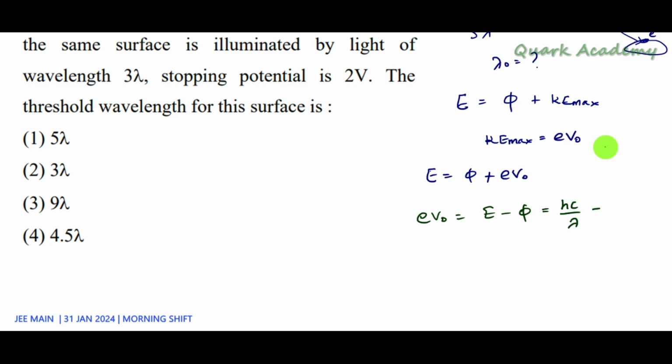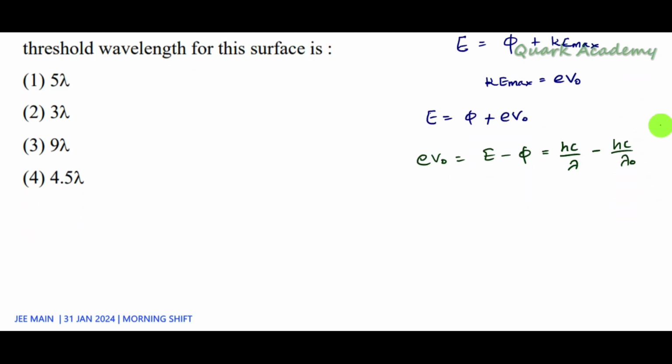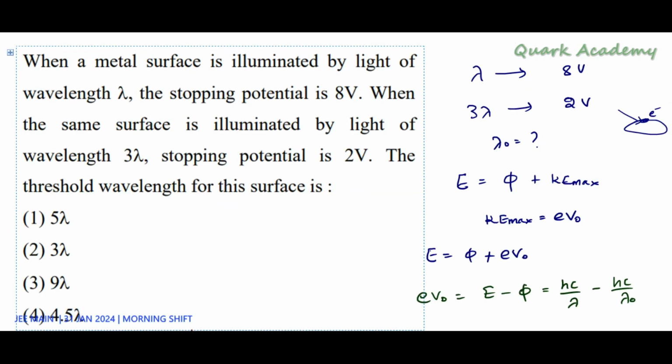Similarly, the work function, we can write as hc by lambda 0. Lambda 0 is the cutoff wavelength. So let's write this equation for each case. For the first case, the incident wavelength is lambda and the stopping potential is, I think, 8 volt. Let me look. Yeah, 8 volt.